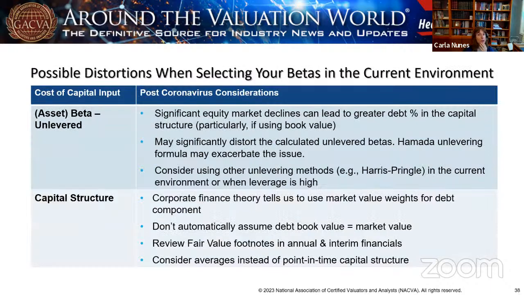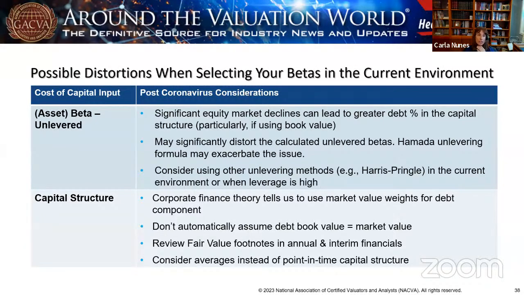And so the one thing we just want to leave you with, like a few tidbits of possible distortions when you're selecting betas in the current environment, the post-coronavirus, because a lot of betas saw meaningful changes in terms of risk relative to the overall markets.